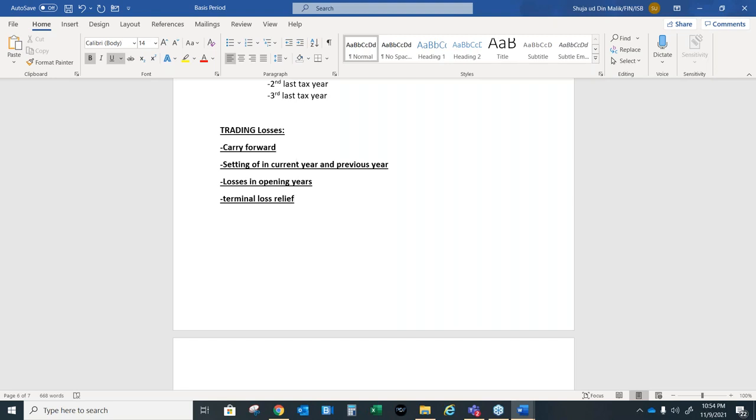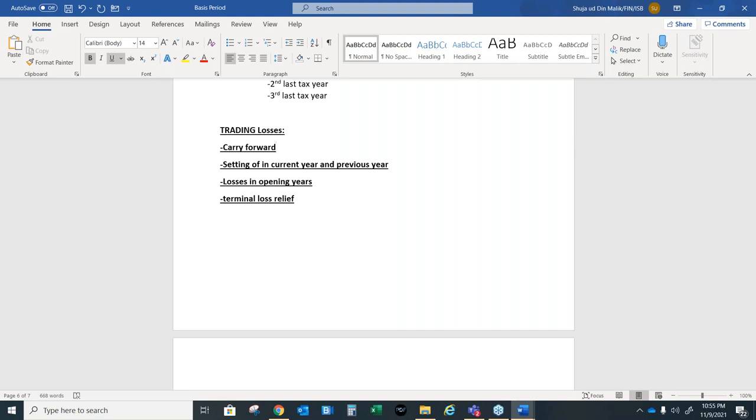The carry forward option was quite an easy option: it was available automatically for an indefinite number of years to treat losses, and it was available for ongoing businesses in every case.